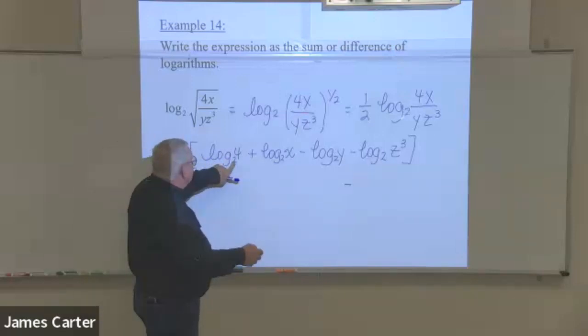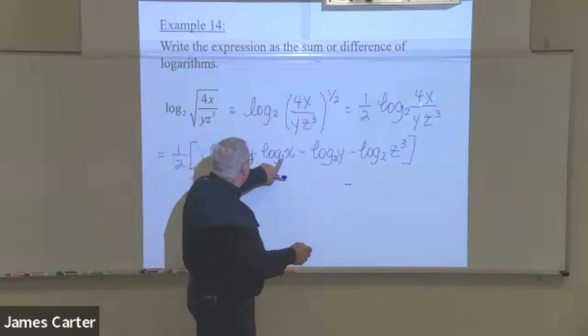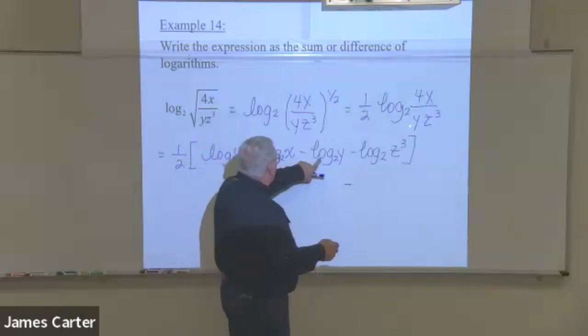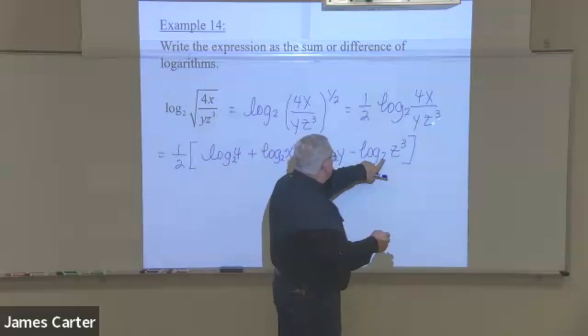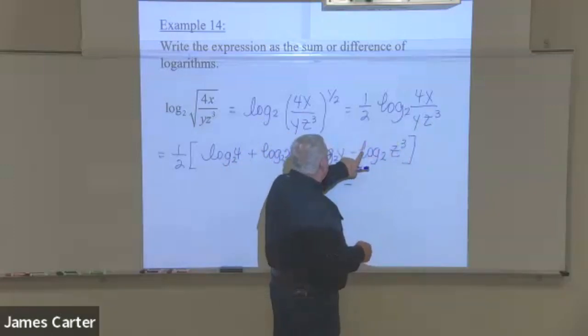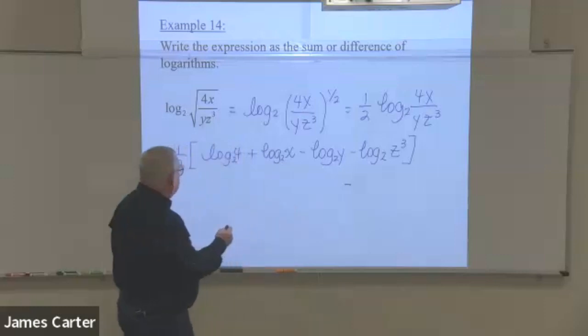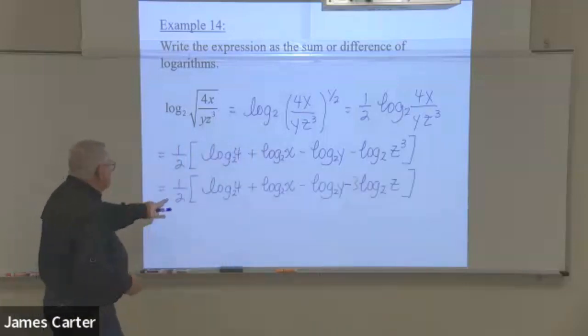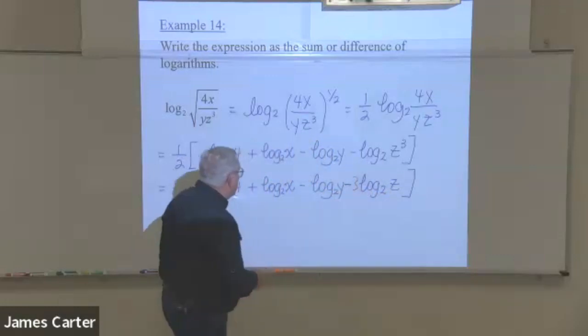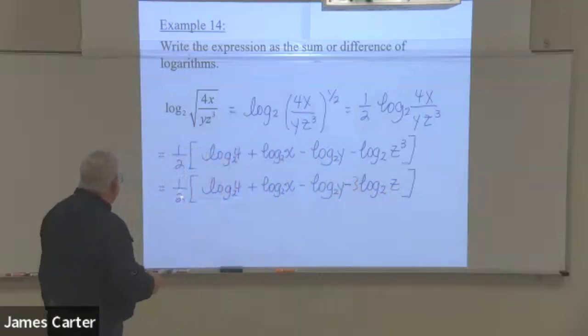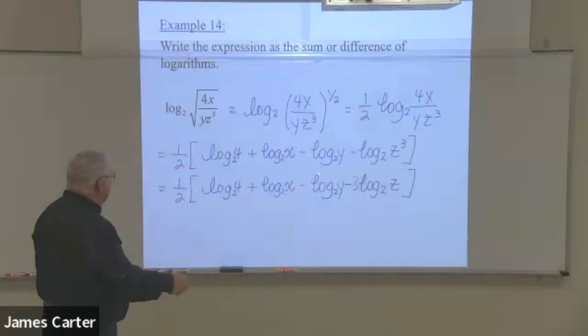Okay, first I've got log base 2 of 4 plus, because it's numerator, log base 2 of x minus log base 2 of y minus log base 2 of x cubed. I've got to bring this 3 forward. So I now have this, okay, and I can distribute this 1/2 to each individual term.